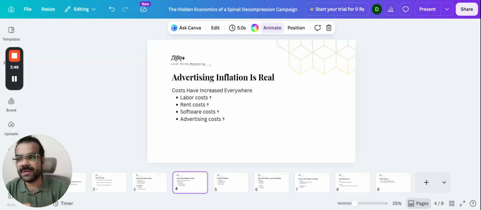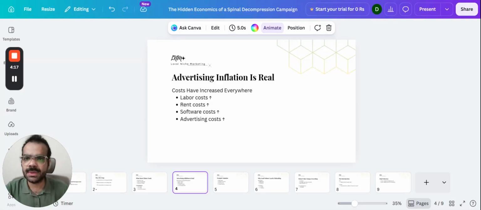So if your cost per lead was $20, for example, in 2023, that will not happen now because the cost per thousand impressions has increased. Overall, the cost per click has increased. So why are you trying to find a marketing agency that can get you the cost per lead at $20, right?